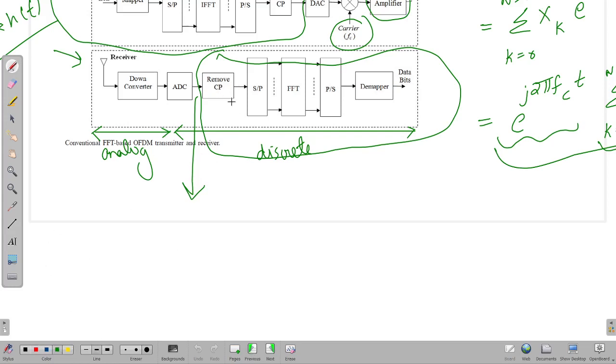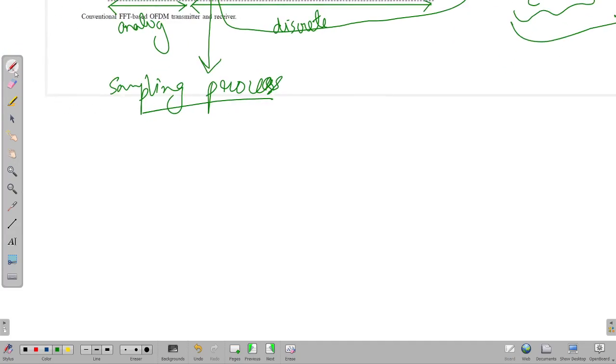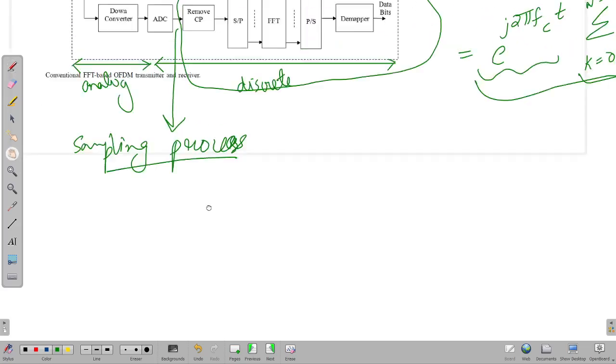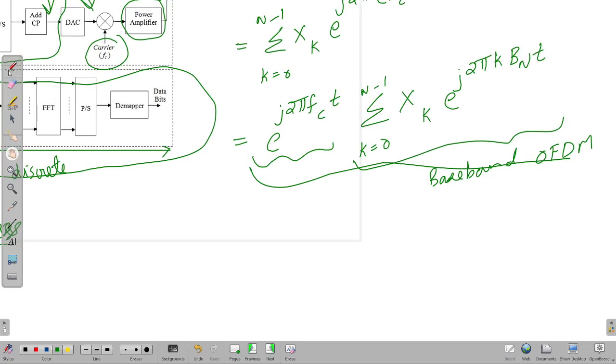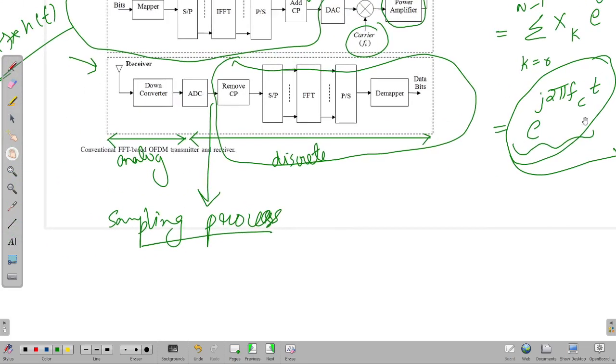Let me just show you how this analog signal gets converted to the sample values here. So basically I'm going to demonstrate how the sampling process happens. There is this signal. I'm not considering this part here because the carrier gets down converted using this down converter.